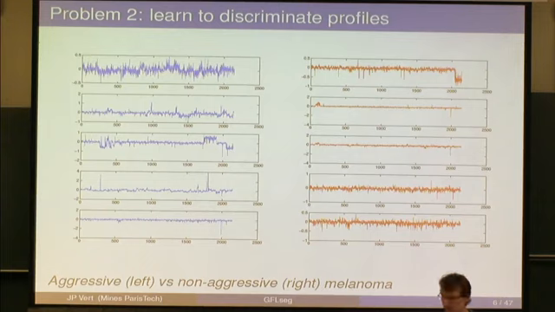This is a skin cancer. On the left, these are profiles that were measured on patients that I called aggressive, in the sense that this is a disease that was first cured by surgery, and then a few years later it relapsed. So it's the bad case. And on the right, these are diseases where after surgery the patient was cured, meaning that after 10 or 20 years nothing new happened.